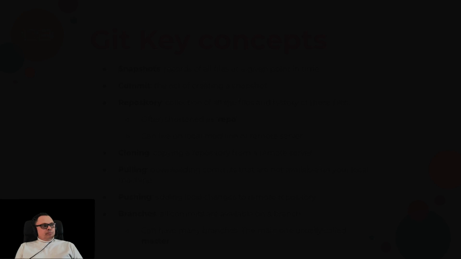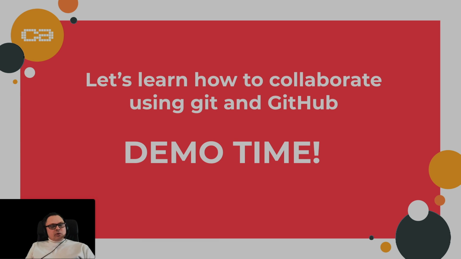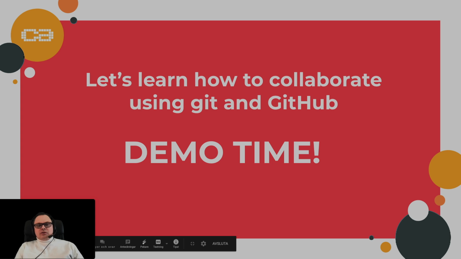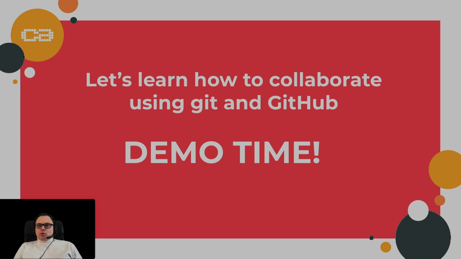Right, so let's learn how to collaborate. We are writing code in pairs. We practice a lot of pair programming, and there is not always a possibility for us to sit co-located in the same room. Some of us are in Stockholm, others are in Gothenburg.